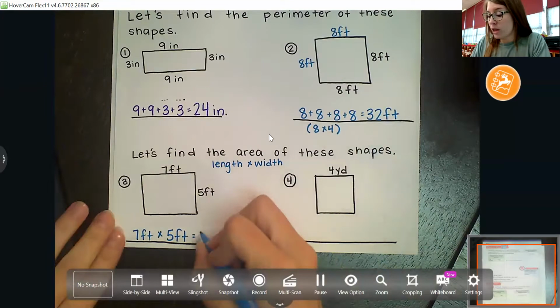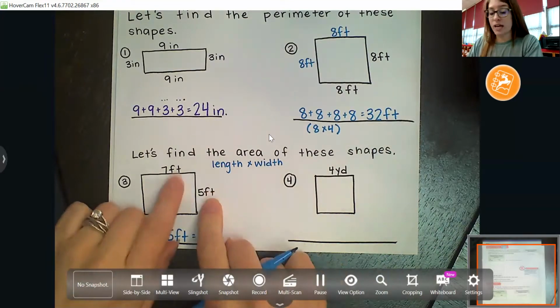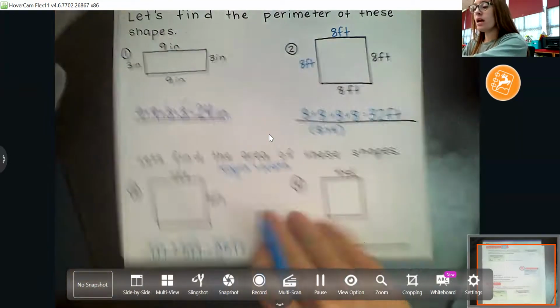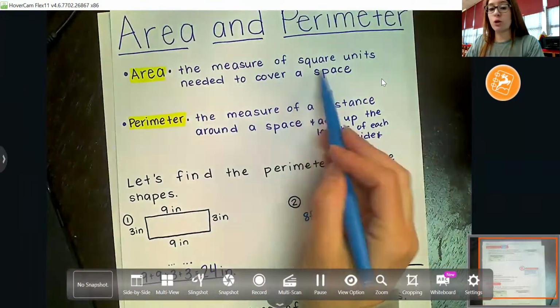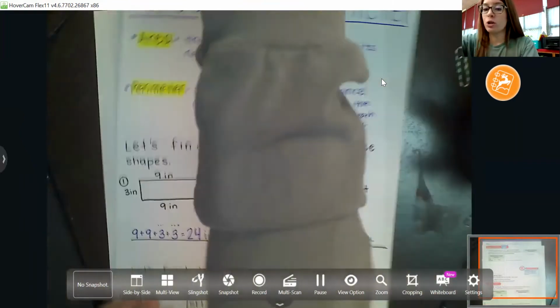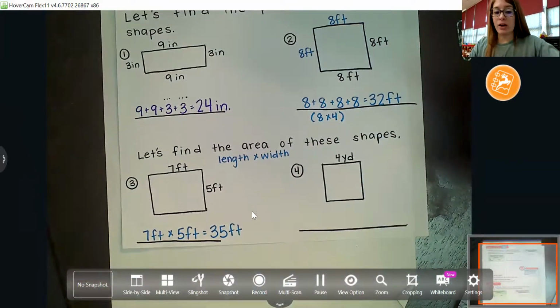Now, the thing with area, we're going to make sure we include our feet. But because it talks about how many square units it takes to fill up a space, we're going to have to include something special with our answer for area.